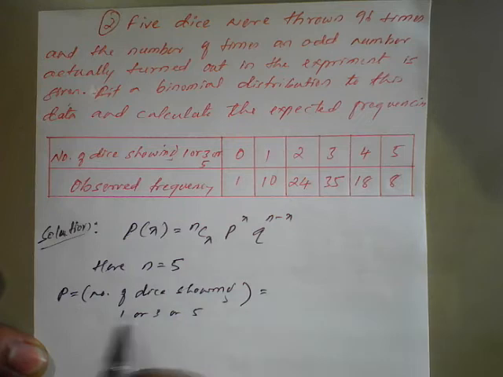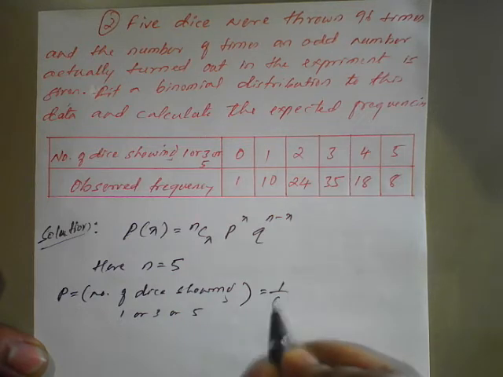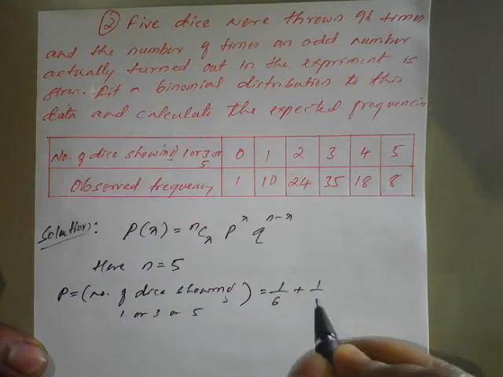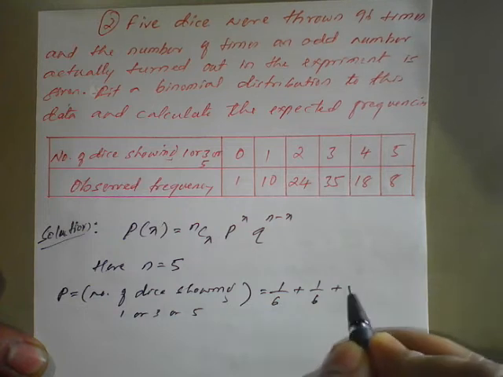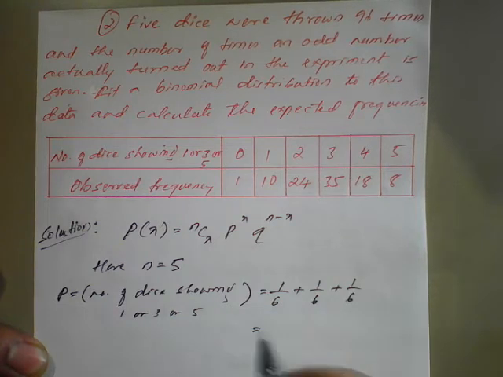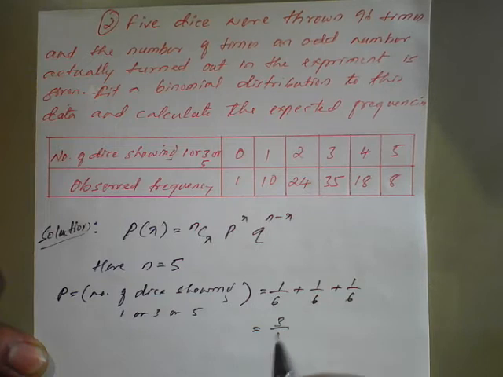If 1 is coming, it is 1 out of 6; 3 is 1 out of 6; 5 is 1 out of 6. So it will be 3 by 6, which is nothing but 1 by 2.